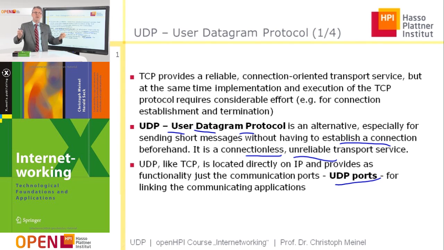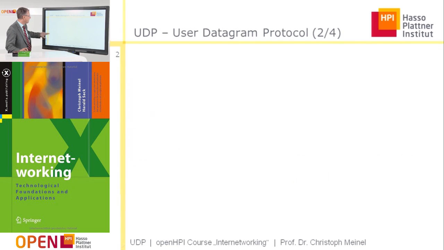But on the transport layer, we want to connect the communication with the application that wants to use the communication protocols for exchanging messages. So what's needed is to define these endpoints of a communication, and this is exactly what the UDP protocol is doing. It assigns UDP ports to the communication. For that reason, UDP is also sometimes called port multiplexing.